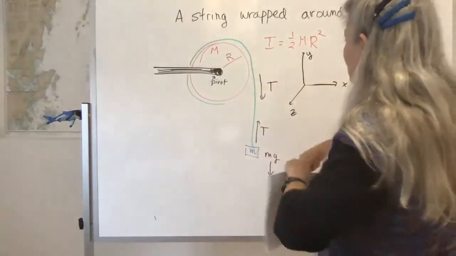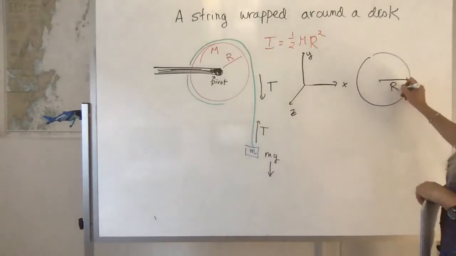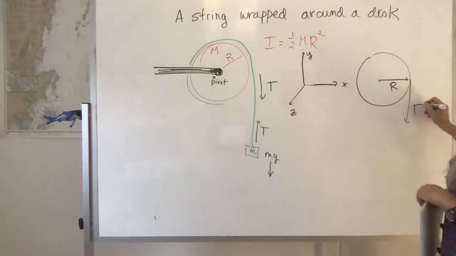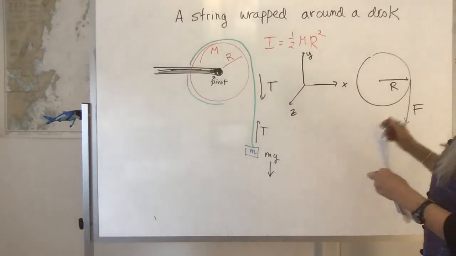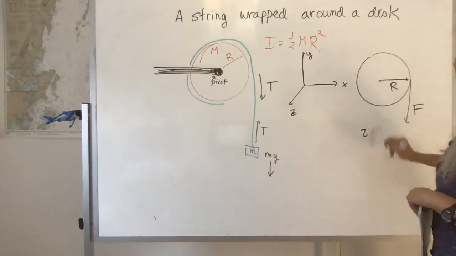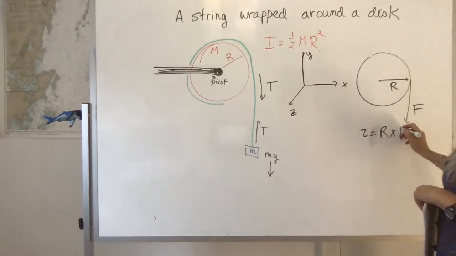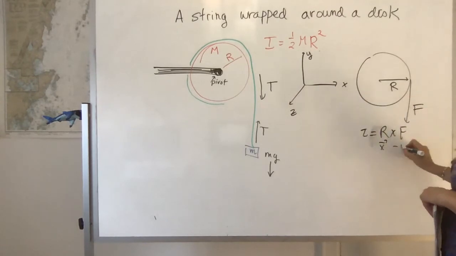Now let's think about the torque on the disk. I have R cross F, where F is the tension here. Which direction is the torque? Torque is R cross F. This is in the X direction, and this is in the minus Y direction.